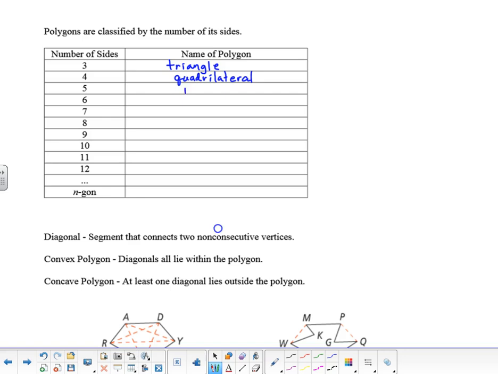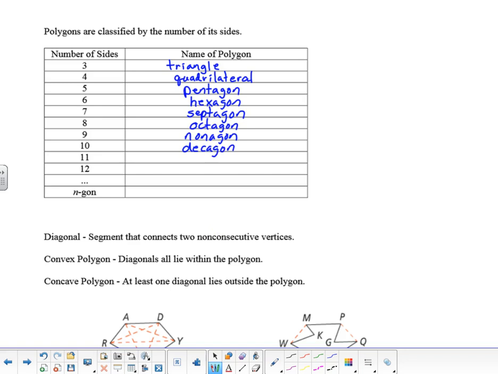A 5-sided polygon is a pentagon. A 6-sided is a hexagon. A 7-sided is a septagon. An 8-sided is an octagon. A 9-sided is a nonagon. A 10-sided is a decagon.